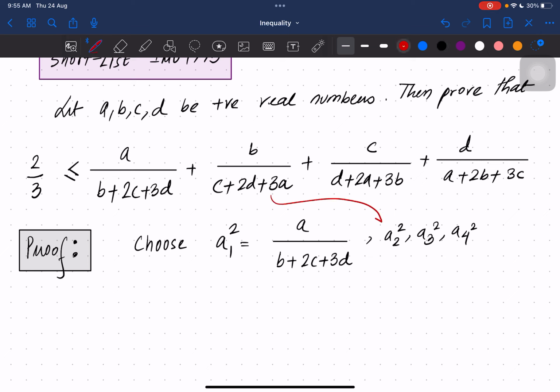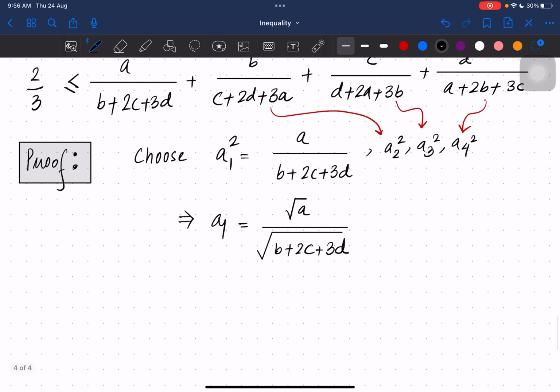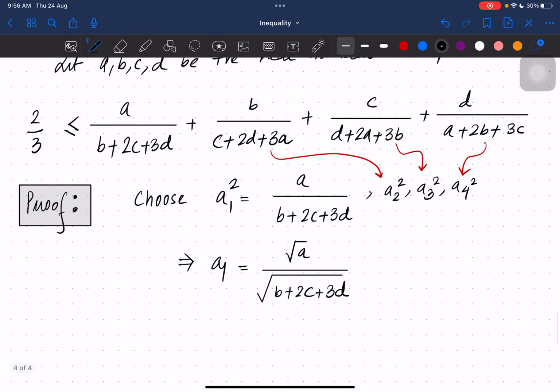So a1 is nothing but root of A over root of B plus 2C plus 3D. Since it is given that A, B, C, D are positive real numbers, there is no problem in that.